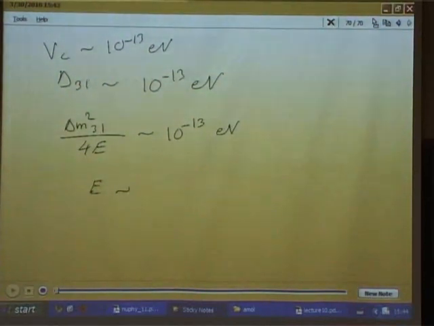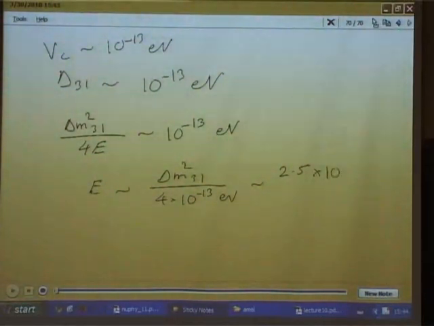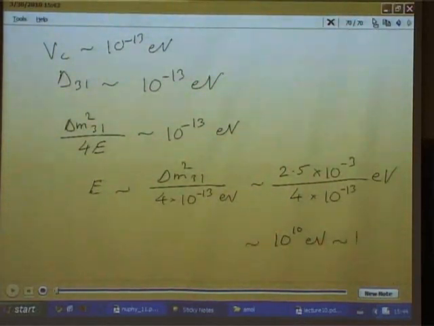Energy corresponds to delta m²31 divided by 4 times 10 power minus 13 electron volts. Delta m²31 is 2.5 times 10 power minus 3 divided by 4 times 10 power minus 13 electron volts.